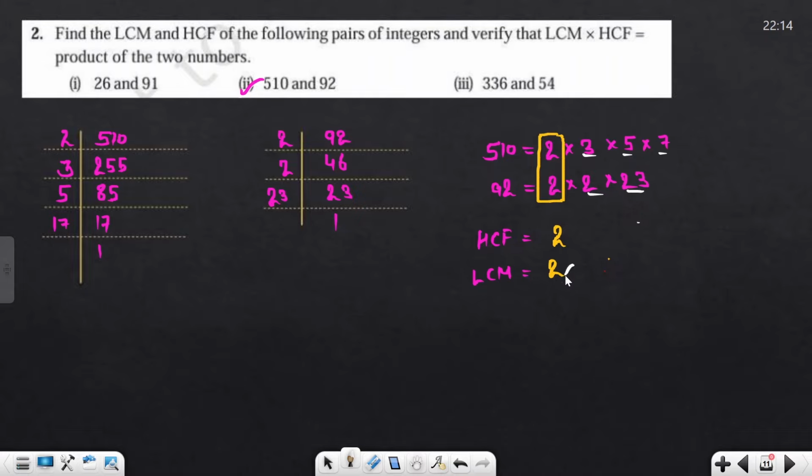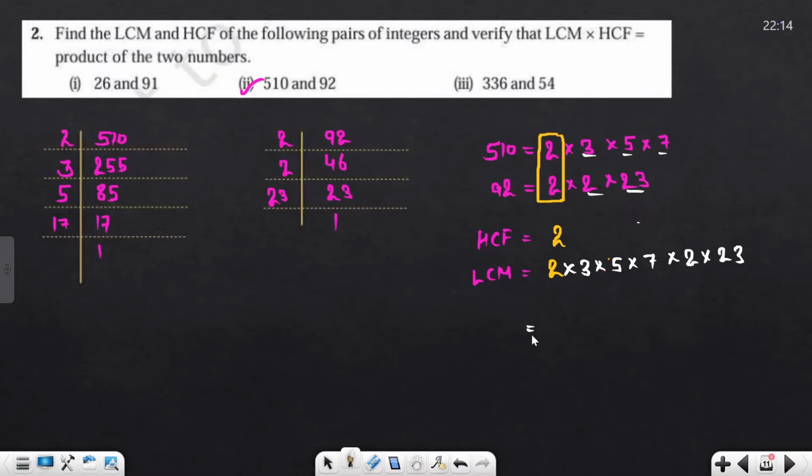So multiply it: 3, 5, 7, 2 and 23. When you multiply 2 into 3 into 5 into 7, it is 210.